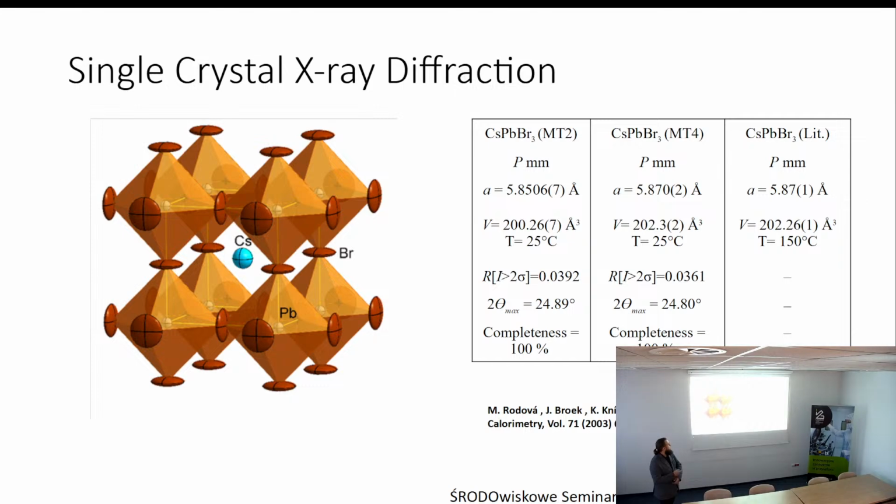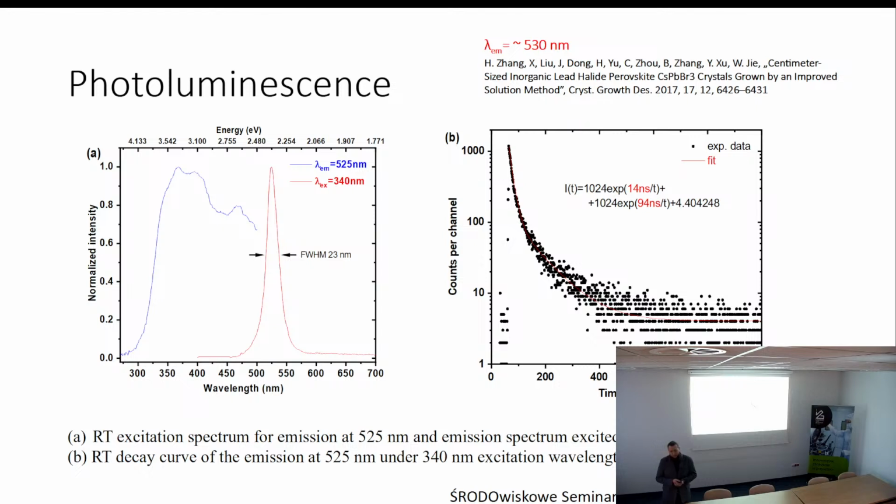Starting with single crystal X-ray diffraction, we can confirm that we received CPB, and it matches the literature. So we obtained a fiber with a crystalline perovskite core. Then we checked the photoluminescence properties.